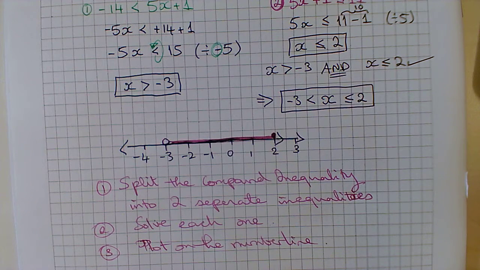Right, now let's do one more example, and just like before, I'd like you to pause the video before you try this and try it yourselves, and then come back and see if we got the same answers. So we're going to solve 2 less than x plus 1 less than or equal to 5, and x is a natural number.